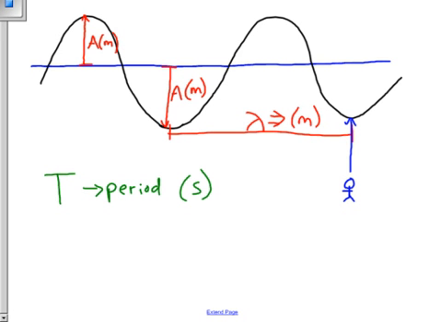And frequency is measured in 1/seconds because the frequency equals 1/the period. So while the period is how long it takes for one wavelength to go by, the frequency is how many wavelengths go by in one period. Now notice, if we rearrange our equation over here, we can say 1/the frequency equals the period. That's pretty straightforward, not too bad.